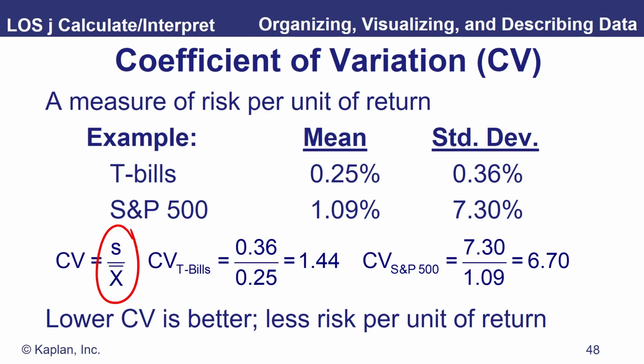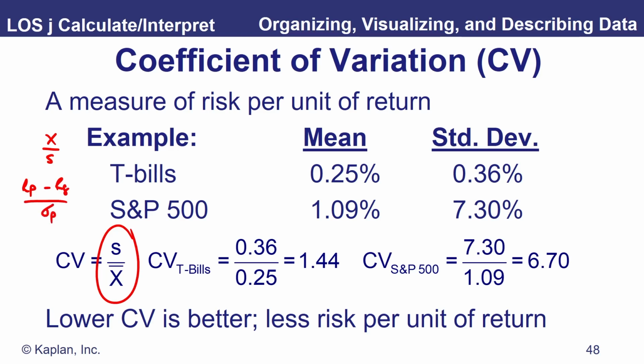Now, I think some people get this the wrong way around. They think they're maybe looking at mean divided by standard deviation. And I think the reason they think that is because they're used to looking at the Sharpe ratio. Remember, the Sharpe ratio looks at the return on your portfolio minus the risk-free rate over the standard deviation of your portfolio.